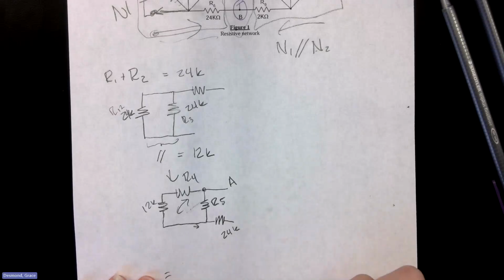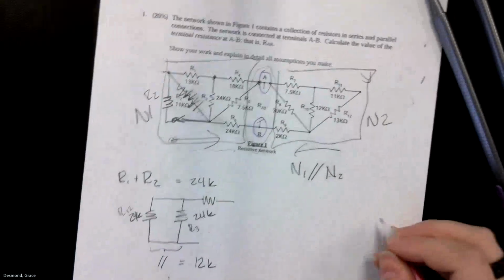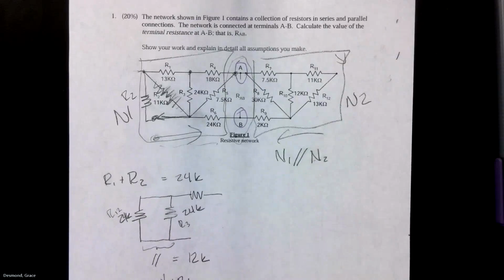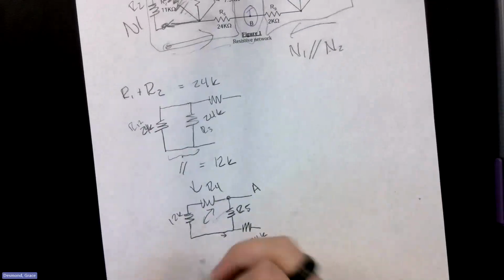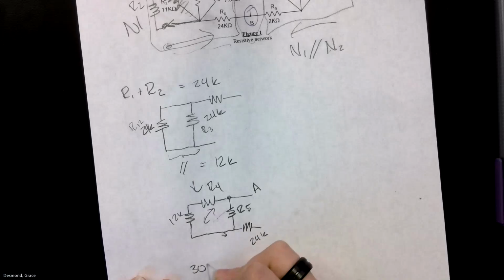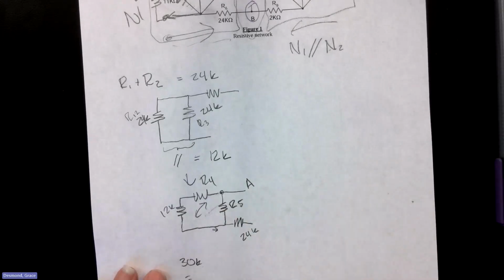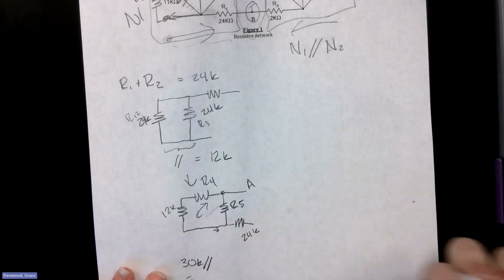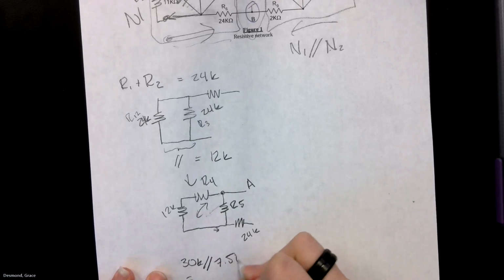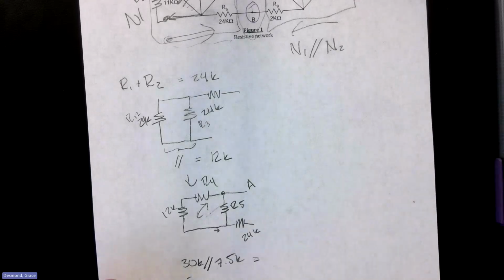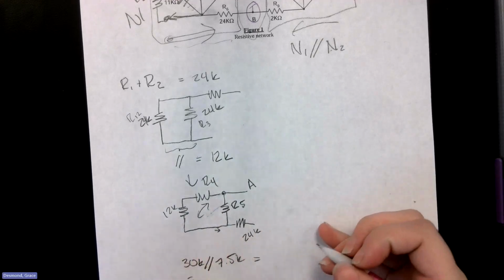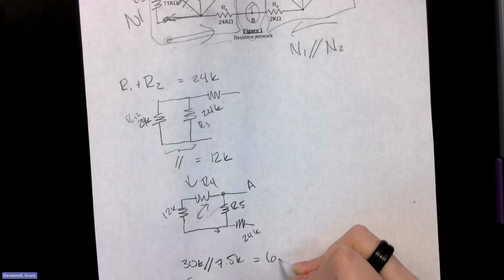And that is going to equal 12 plus 18. So then 30K, and then is that series or parallel with R5? Great. R5 is 7.5, which someone's going to need to do. I definitely can't do that in my head. Point something.